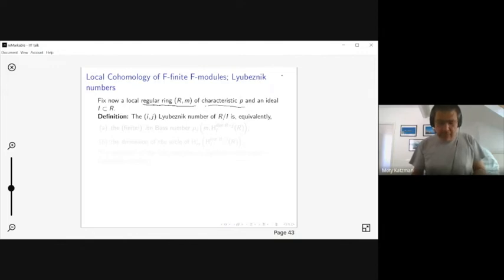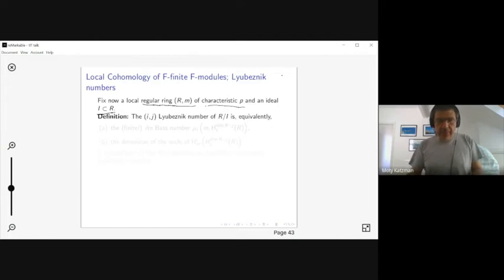And then I'm going to fix some ideal, which I'm going to call I. And then I'm going to show you what these Lyubeznik numbers are. So Lyubeznik numbers come indexed with two indices, i and j. So the (i, j) Lyubeznik number of R mod I, you can describe in two equivalent ways.